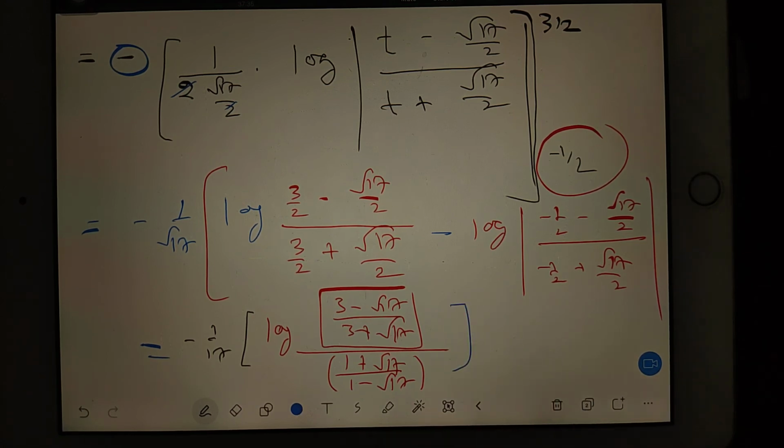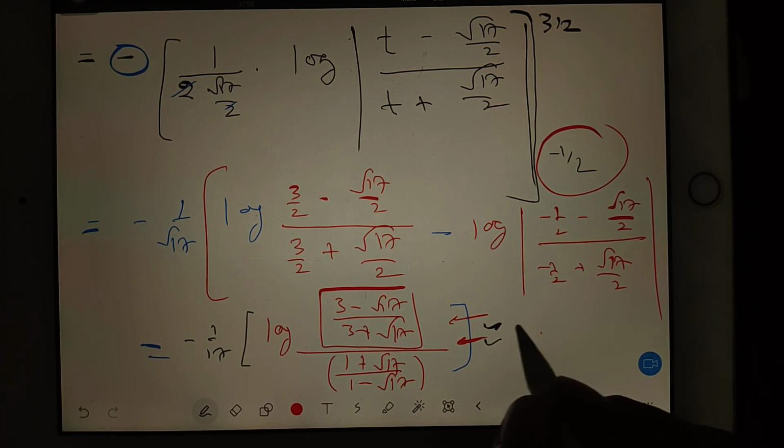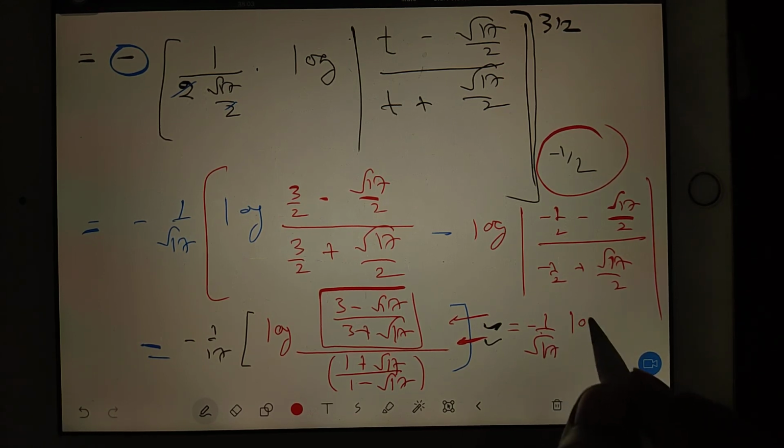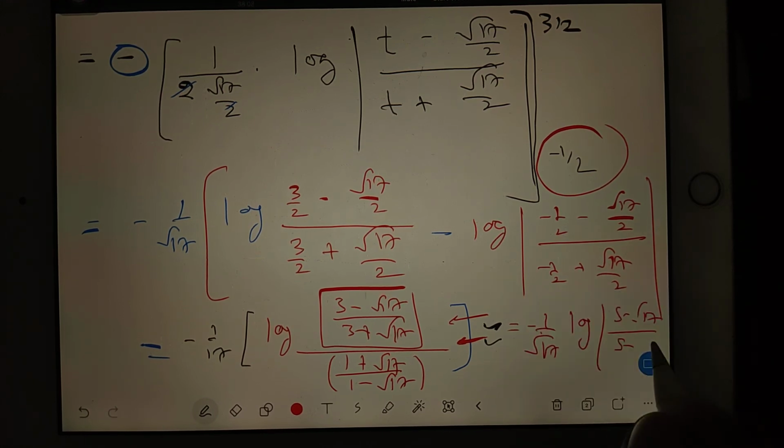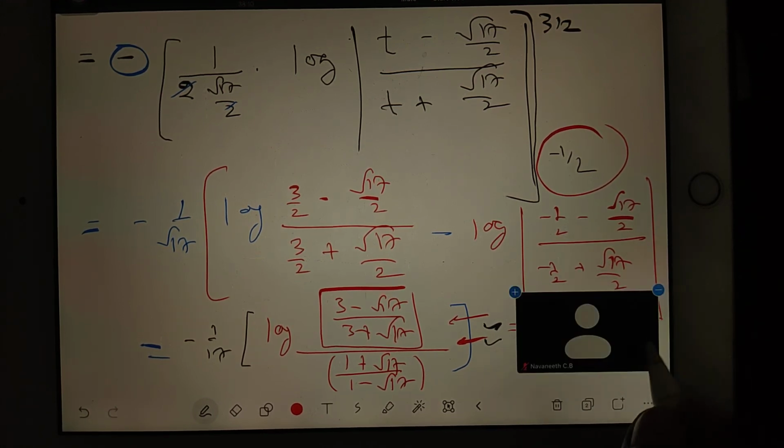And after that, either here itself we can leave our answer, or we can go for some small changes. It depends on if the question is objective, then what kind of format is given. But this was the procedure. So you can leave your answer here itself, or you can go for any rationalization method, and finally you can achieve this value like minus 1 by root 17, and you can leave here log 5 minus root 17 divided by 5 plus root 17.